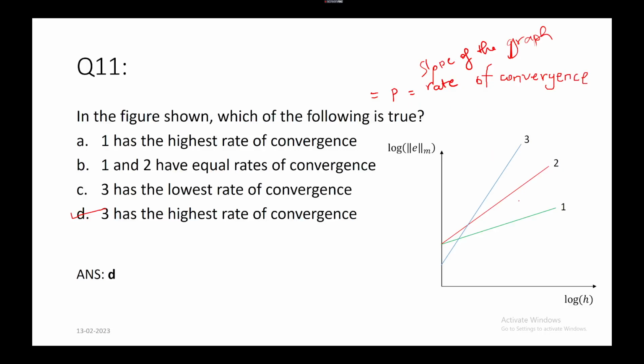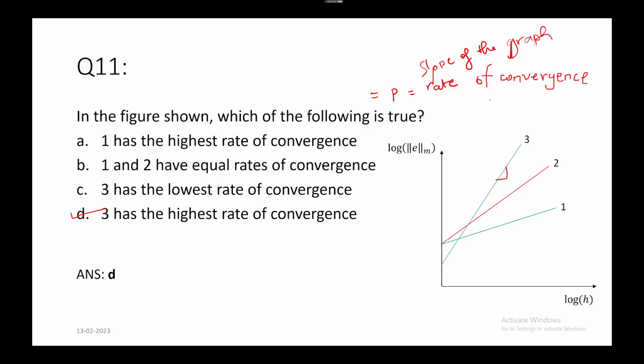So if you see among these three lines, this 3 has the highest slope. So highest slope means your value of P is the highest, which is nothing but your rate of convergence is the highest. So D is the correct answer.